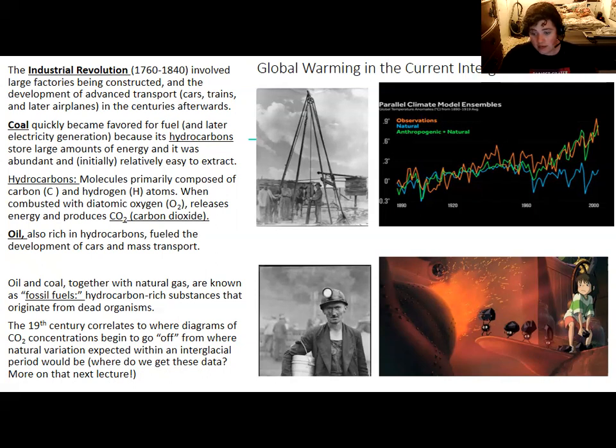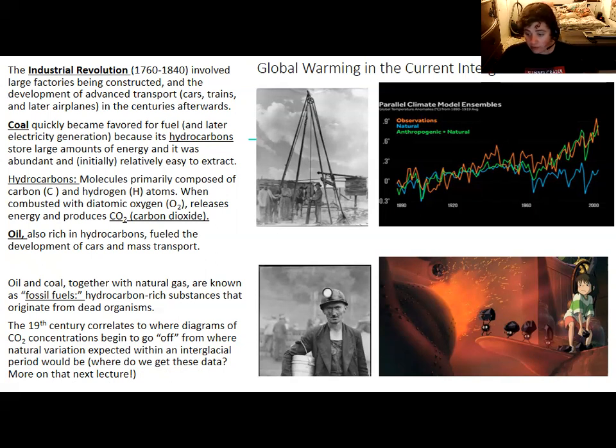People have always known that coal existed, but it became much more valuable during the Industrial Revolution because now money and success lay in machinery, and coal provided an extremely valuable source of energy.